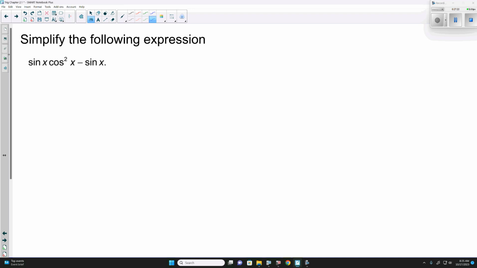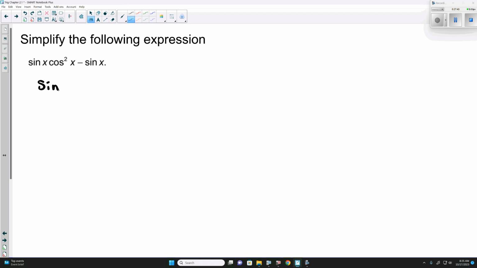Now, here, we want to simplify it. We want to write it in a simpler form if possible. There are different ways to do that, and this might seem kind of a weird thing to do. Is there something in common with both terms? They both have sine.